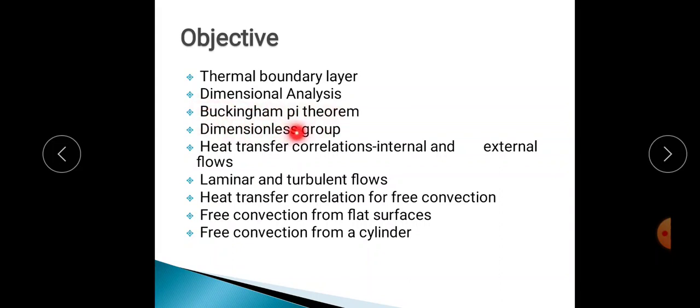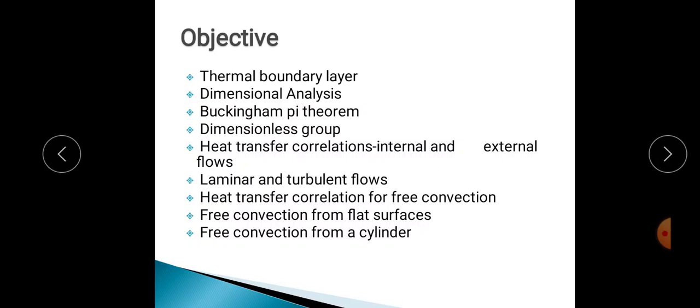Next is dimensionless groups. In dimensional analysis, we always try to reduce the number of variables, and we try to reduce them to dimensionless variables. So we will see what these dimensionless groups are, and different dimensionless numbers also.